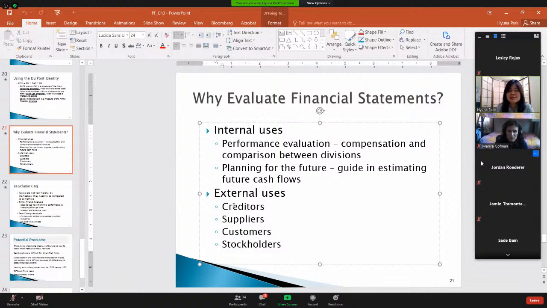Also, banks and bondholders will take a look at the financial ratios and statements and use them for evaluation. Suppliers and customers would be interested in the financial ratios as well.